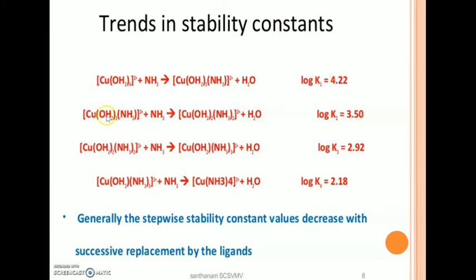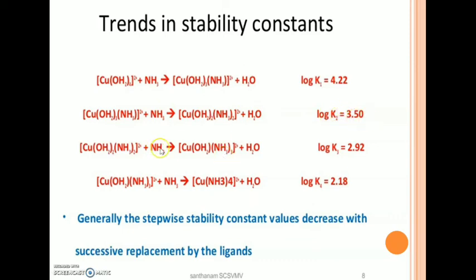In the next step, the next NH3 molecule replaces a water molecule, forming [Cu(H2O)2(NH3)2], and one water molecule is again eliminated. The stepwise stability constant is K2, and log K2 is equal to 3.50.